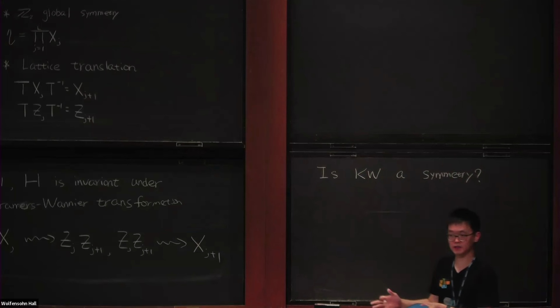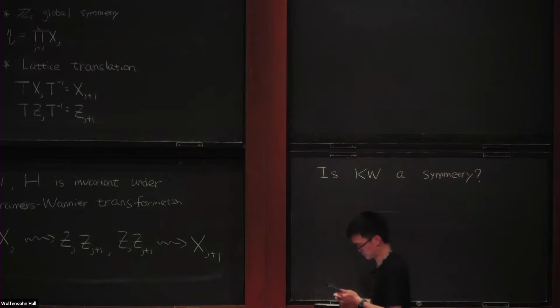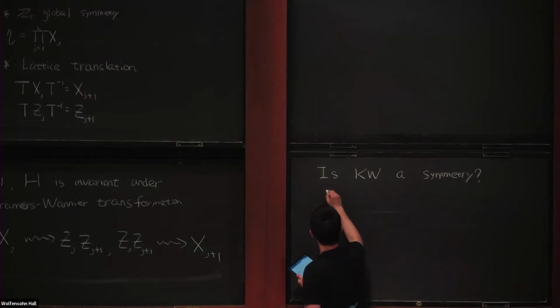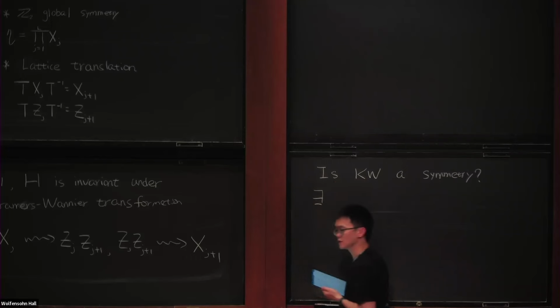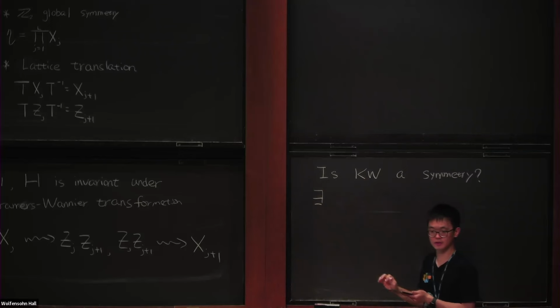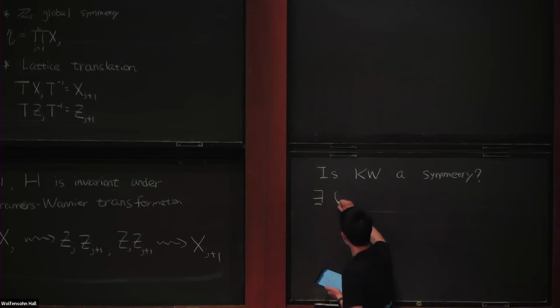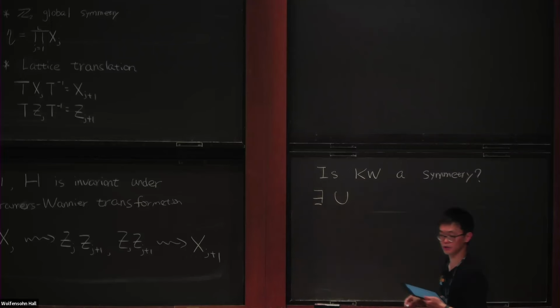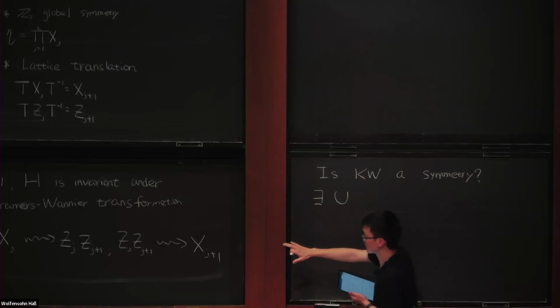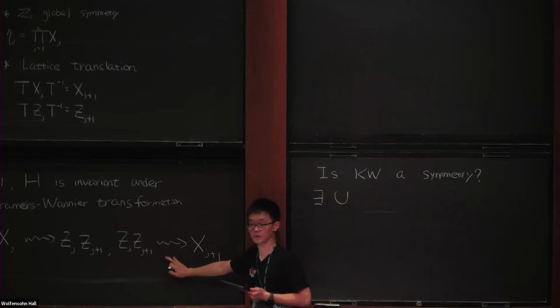If you ask Wigner this question, Wigner would say, well, if it's a symmetry, you should probably find a unitary operator that implements the Kramers-Wannier transformation. So is there a unitary operator that does the job? Well, the answer turns out to be no. And the argument is just a one-line argument. Suppose there were such a unitary operator U that implements the Kramers-Wannier transformation.